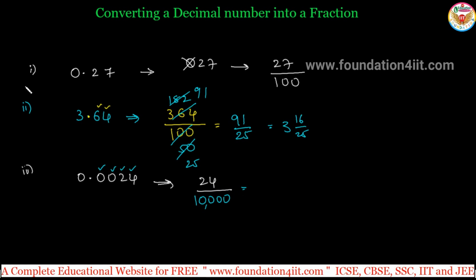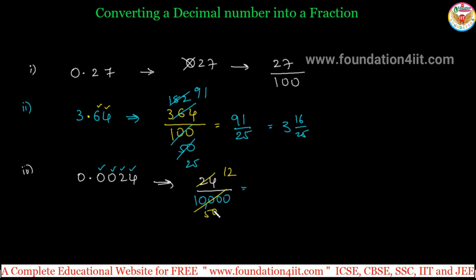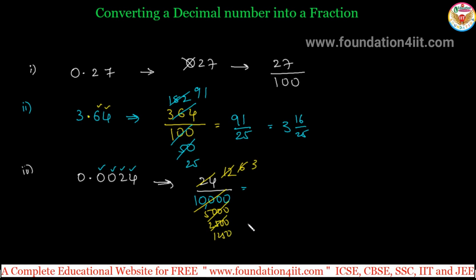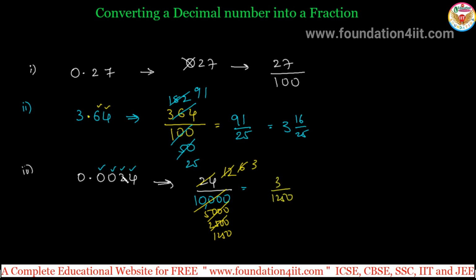And to make it simple, 12 by 5,000, cancel again by 2: 6 by 2,500. More, 2 table you can cancel. So 3 by 1250. The value of 0.0024 is 3 divided by 1250.